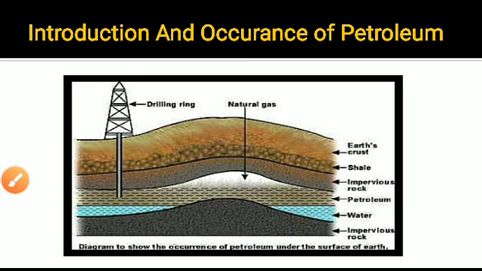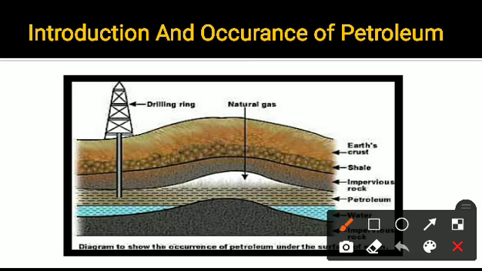You can see in this diagram, this is the earth crust. The petroleum is present below or in the earth crust. There are a number of layers in the earth crust. First is the earth crust.